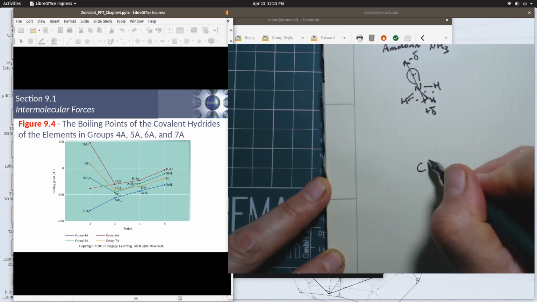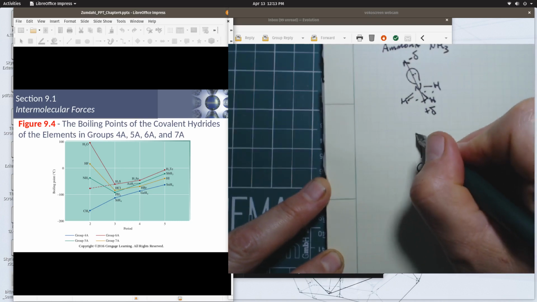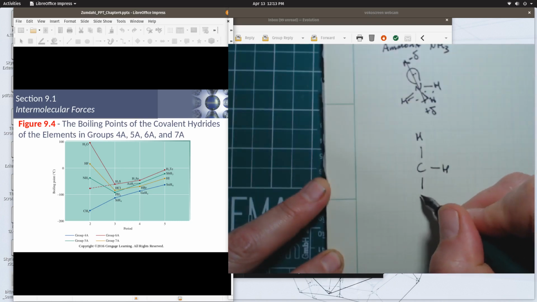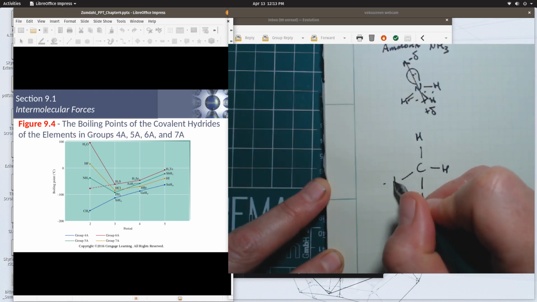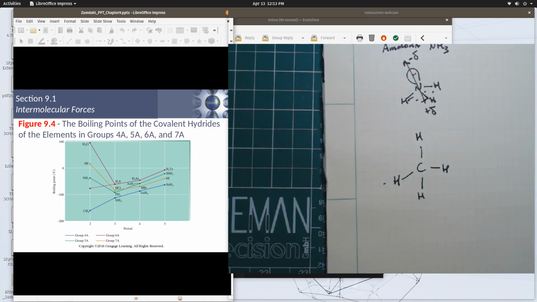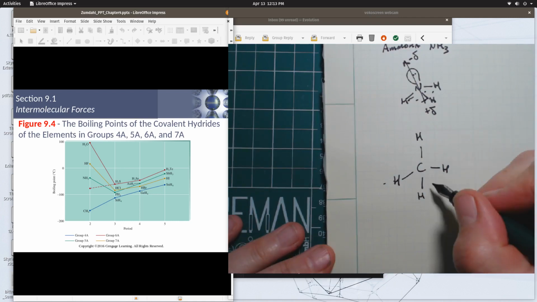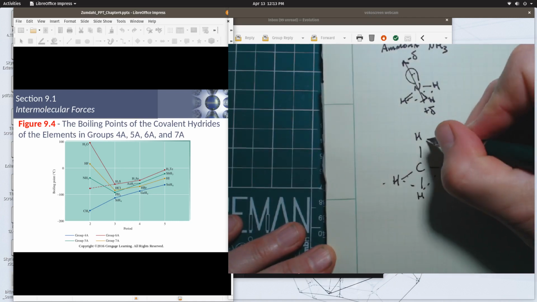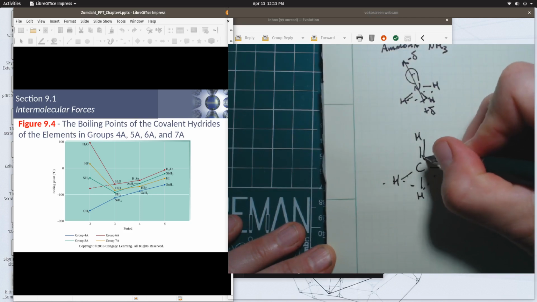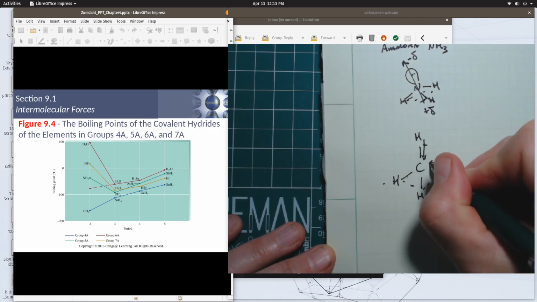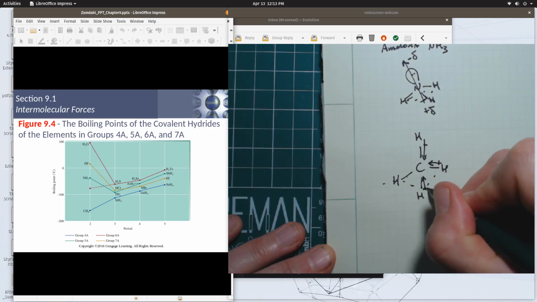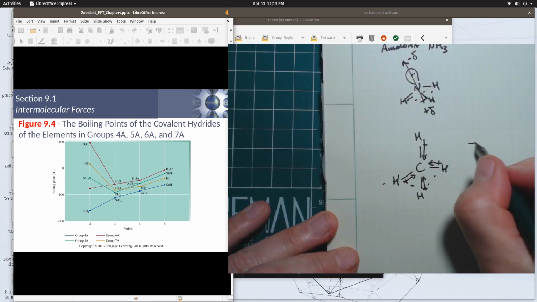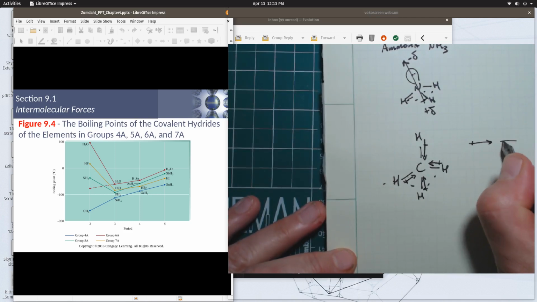If you want to try to assign bond dipoles, you can understand why I have almost no dipole interactions whatsoever. So remember, this is a tetrahedral shaped molecule. So all of my bond dipoles, let's draw that in little positives and negatives, positive to negative, positive to negative, positive to negative, are pointed inward. So I have cancellation of dipoles.